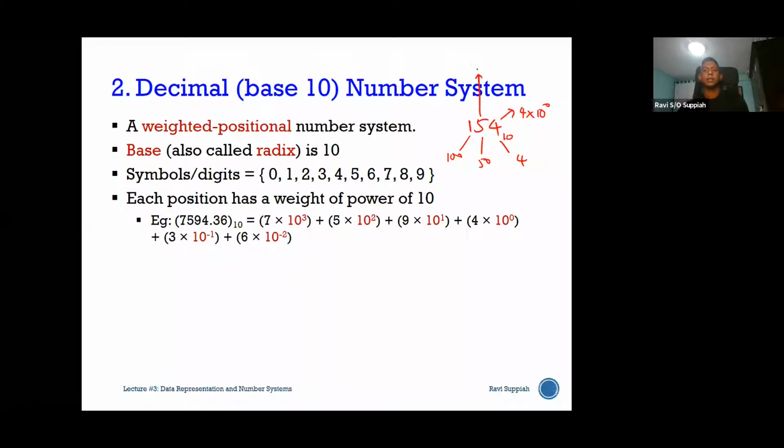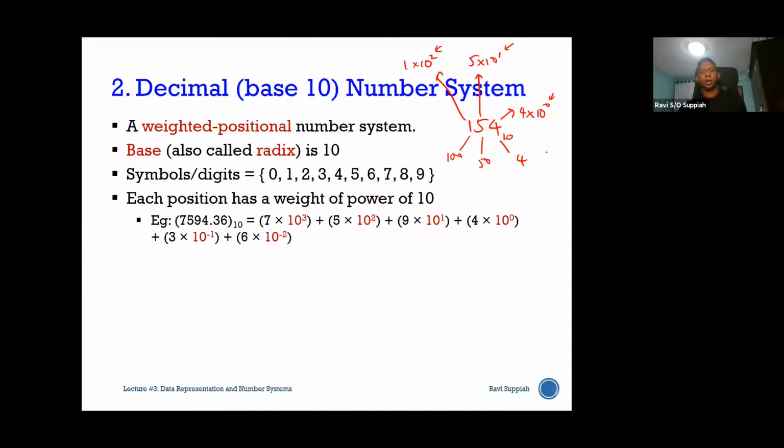This number here is 5 multiplied by 10 to the power of 1. And this number here is 1 multiplied by 10 to the power of 2. So the base is 10 and the weighted position is this index here: 0, 1, 2, 3, and so on. That is how we come up with the ones, tens, hundreds, thousands, and so on.